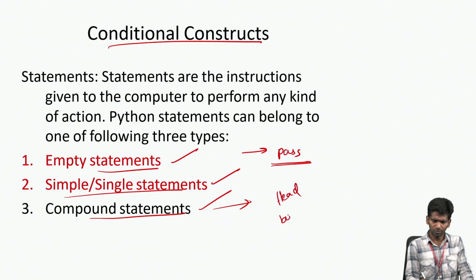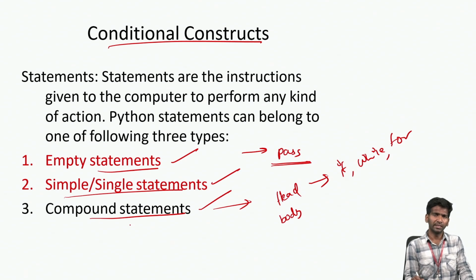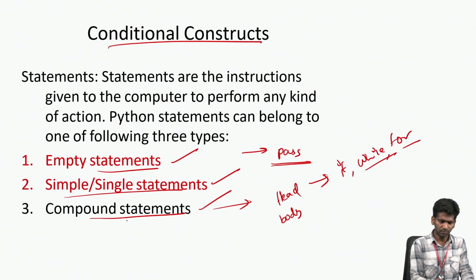This head can be if, while, for. This is the head in compound statements. In the body, we write the logic part for the if, the logic part for the while, and for the for. Like this we write the body part separately for each header part in compound statements.